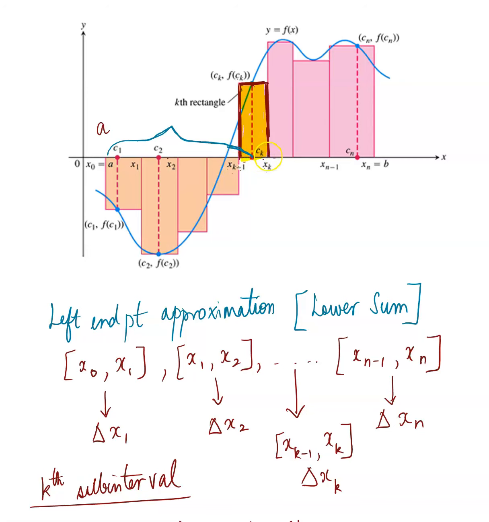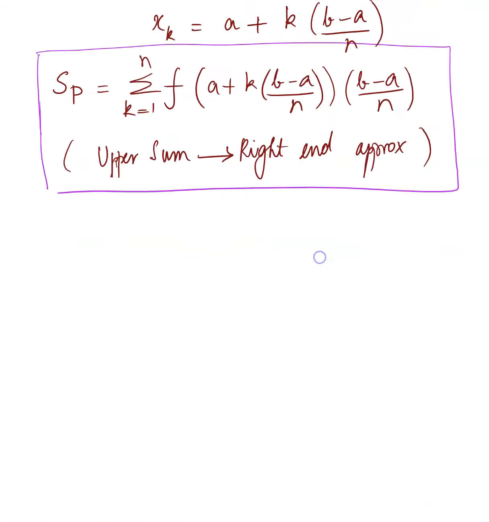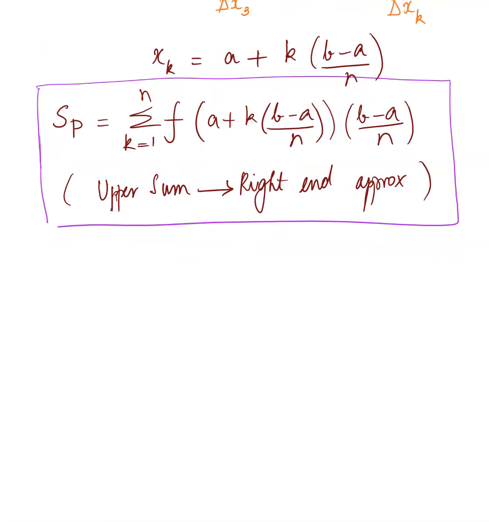For the right hand point, it went all the way to xk. And for the midpoint, it stops obviously at the midpoint. So I'll have delta x1, delta x2, delta x3, etc., delta xk, but only half of delta xk. I can't use all of the width, only half of that width. So that is the adjustment I'm going to bring in for midpoint. So let me write that down here.